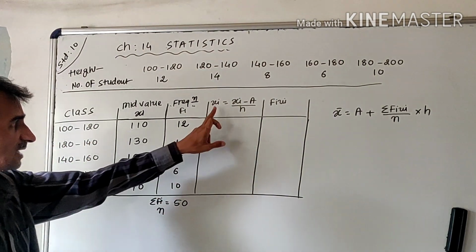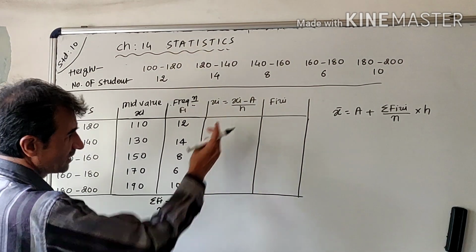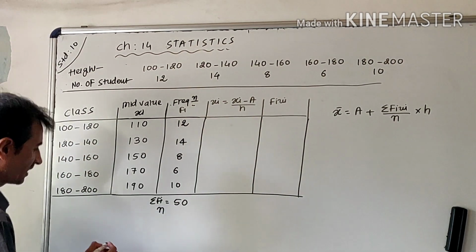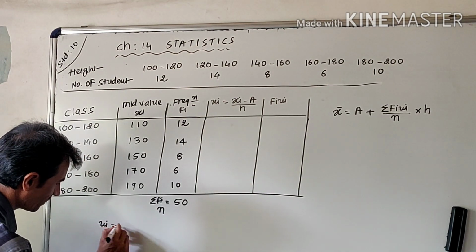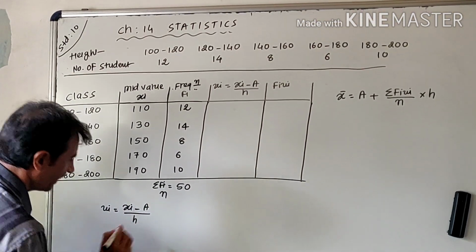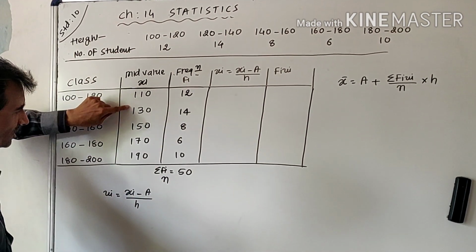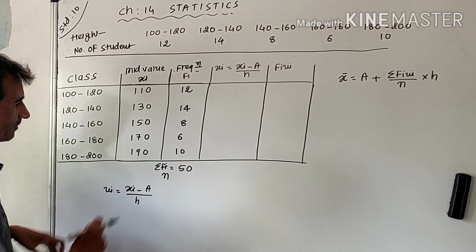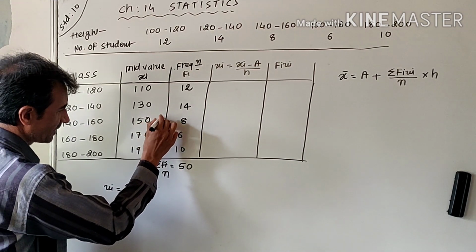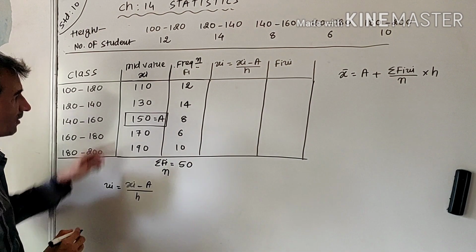Okay. Now the next column is ui is equal to xi minus a upon h, and that is the step deviation method, we can say. Here in the xi, 1, 2, 3, 4 and 5, that means the 150 is the central one. Now you can assume the mean, that is my a. Now xi is what?